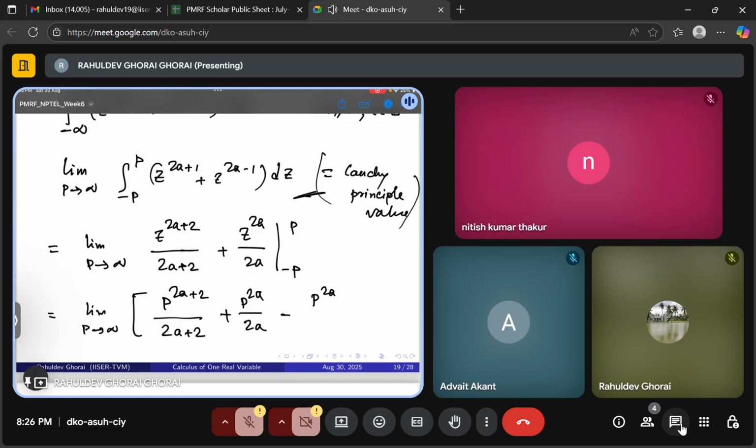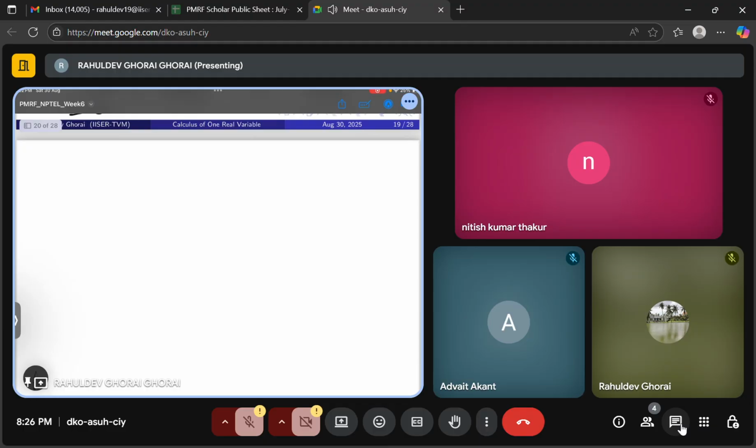Since a is an integer, 2a plus 2 is an even number, so minus p to the power 2a plus 2 will be p to the power 2a plus 2, and p to the power 2a over 2a is also even, so the difference is 0. So its Cauchy principal value is 0 and it is finite. That was one of the questions from the previous year's assignment.